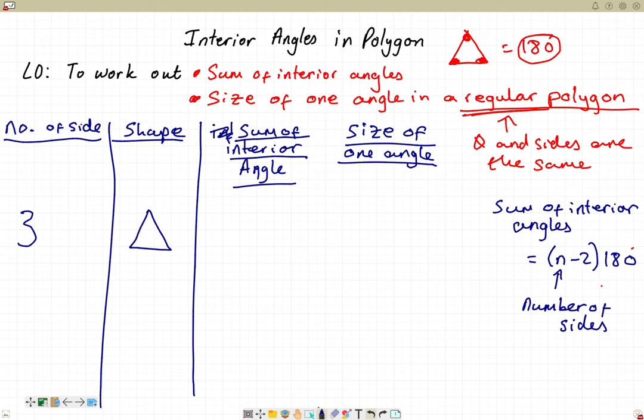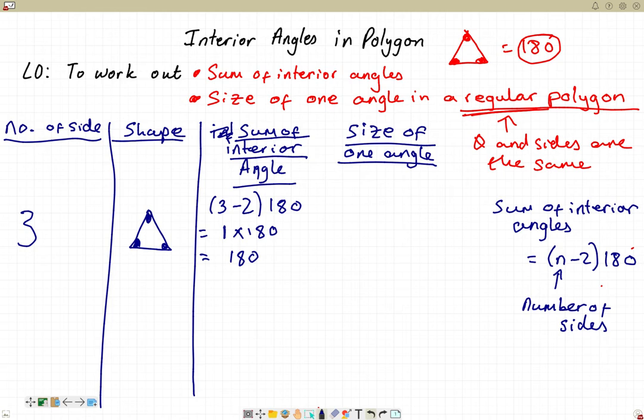So for the triangle, how many sides does it have? It has three sides. So substitute 3 into my formula. 3 take away 2 is 1 times 180 gives me 180.